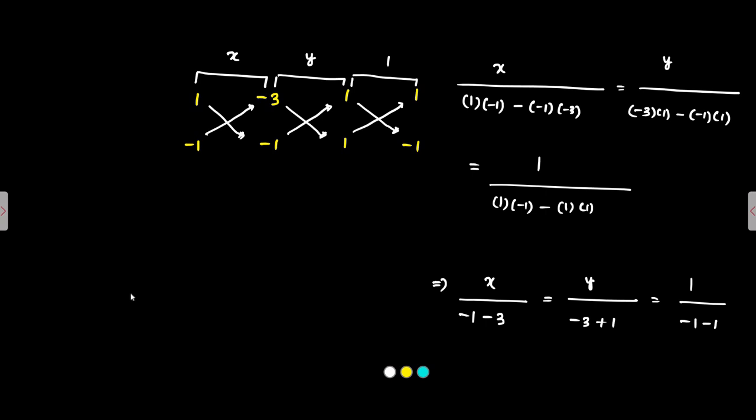Or that implies, I am writing it here, x by minus 4 is equal to y by minus 2 is equal to 1 by minus 2.